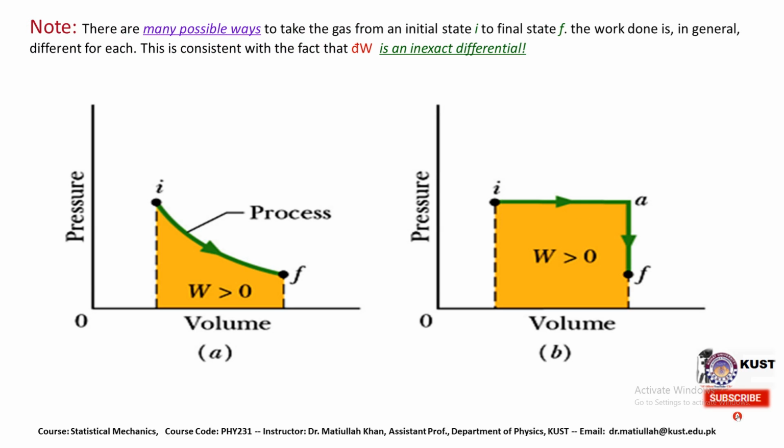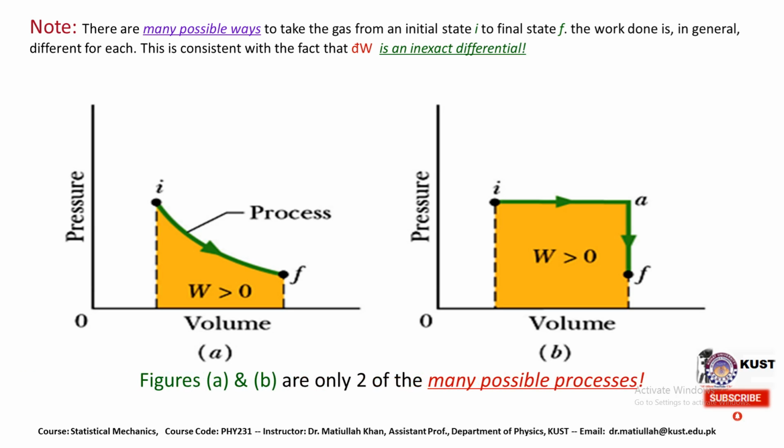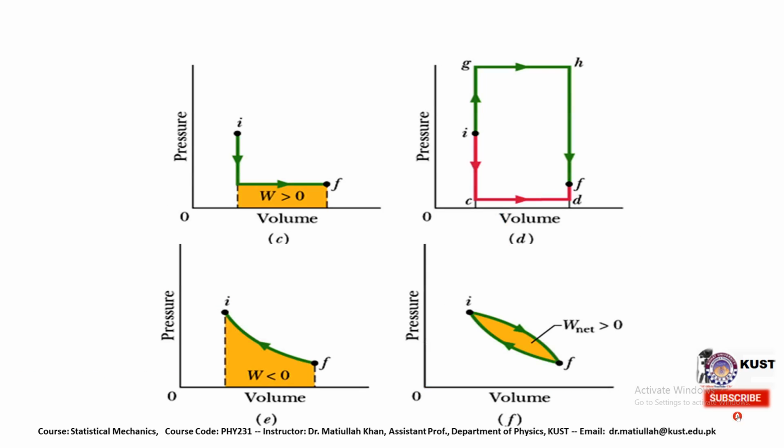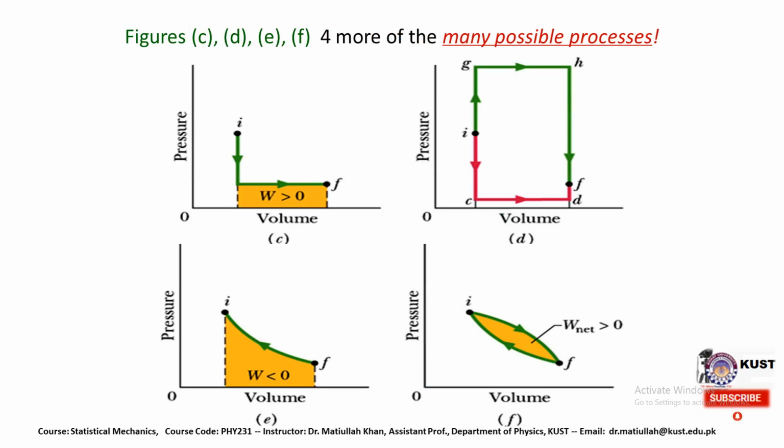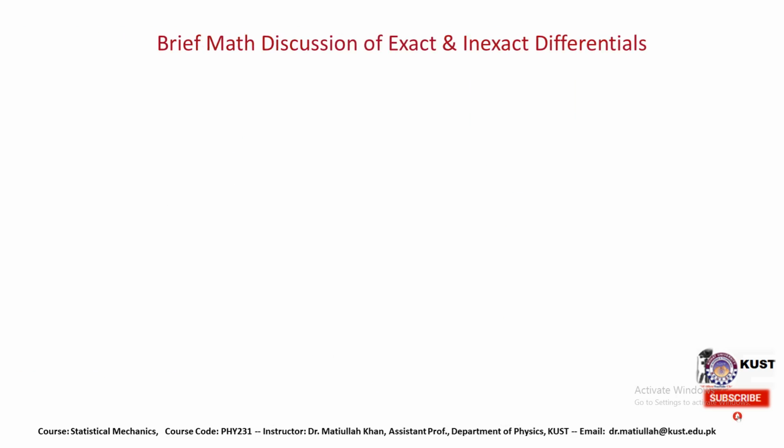So there are many possible ways in which we can consider this. We can consider the inexact differential for this particular case, and this describes the many possible processes that are involved in such systems. We are considering another closed path, a simple path, in which we have 4 possible processes.